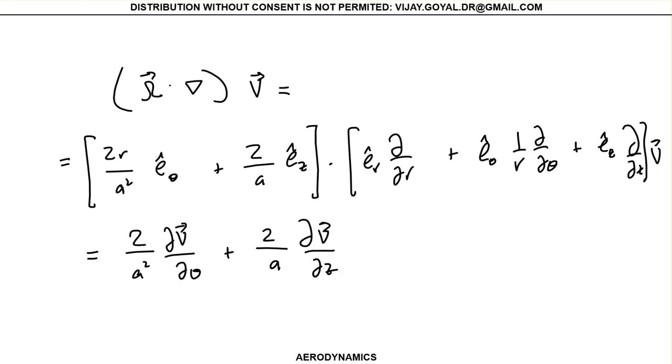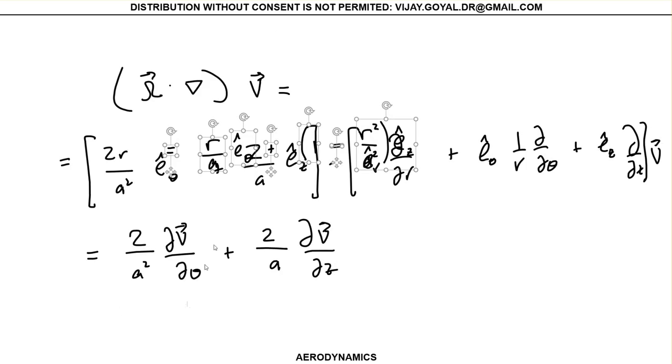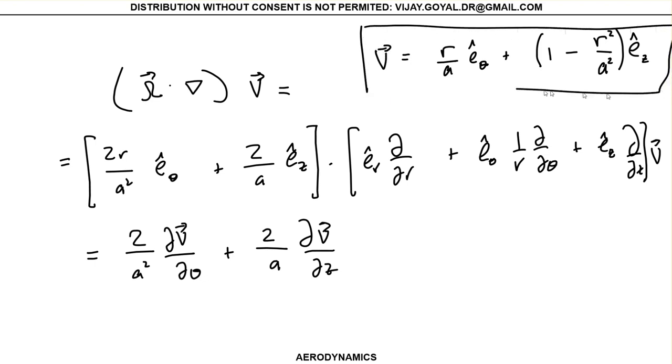And if you go back to your equation at the beginning, you find that your velocity is not a function of Z, right? So this is not a function of Z, so all of this actually goes to 0. I'll show you right here. Okay. So you know that the velocity is this. This was given in the problem. So this is not a function of Z. So this goes to 0. I'm only left with this term.